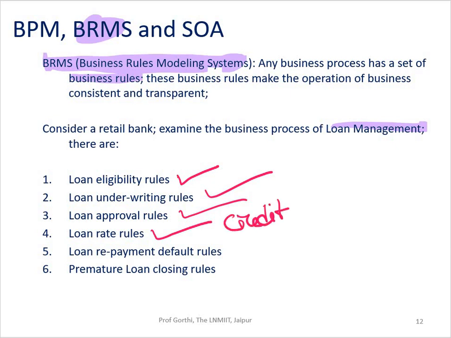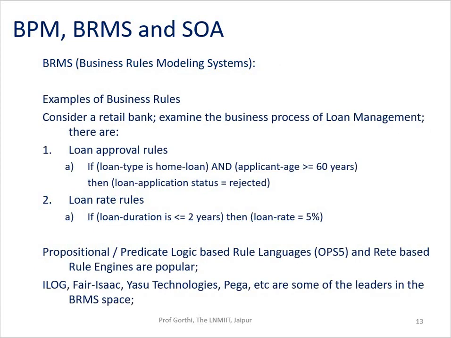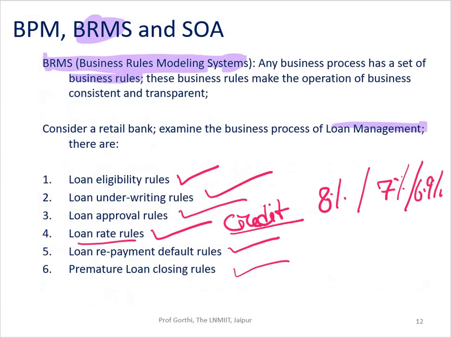I can get, let's say, a home loan for 8%, or I can get it for 7%, or I can get it for, let's say, 6.9%. It depends on the credit and the rate rules. Then loan repayment default rules. If someone is a defaulter in repaying the loan, then there will be some rules. Then I have premature closing rules, right? So for anything and everything I have some rules.